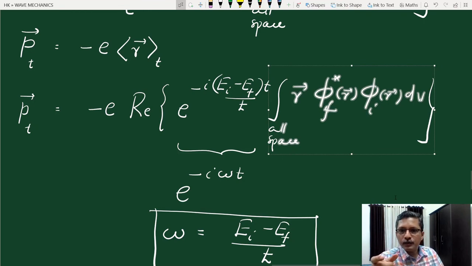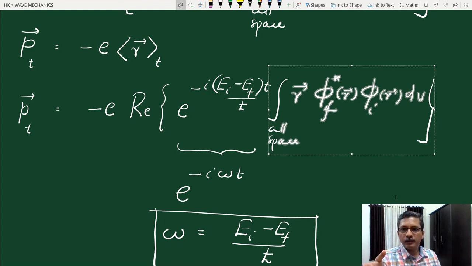But what is the magnitude of this integral? If the magnitude of this integral is large, then this integral represents the probability of transition between an initial state and a final state. So if the magnitude is large, the probability of transition is more, and the spectral lines produced by such transitions will be more intense.